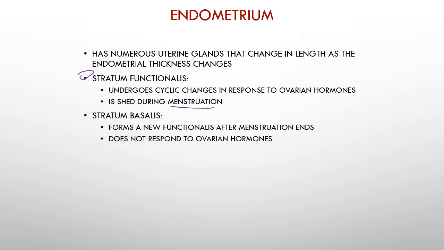If pregnancy does occur, that stratum functionalis is going to continue to grow, and that's what's going to provide the blood supply needed in order for the placenta to get all the nutrients that the developing embryo or fetus is going to need. The basal layer, the stratum basalis, essentially stays there all the time, and it's going to be the structure where the functional layer actually grows from.